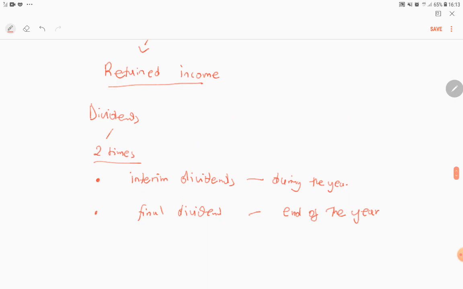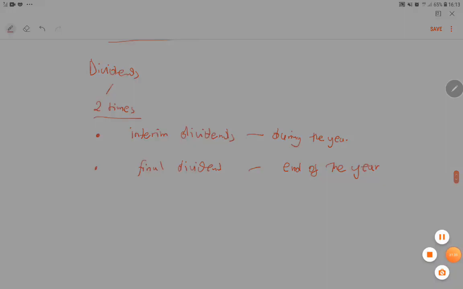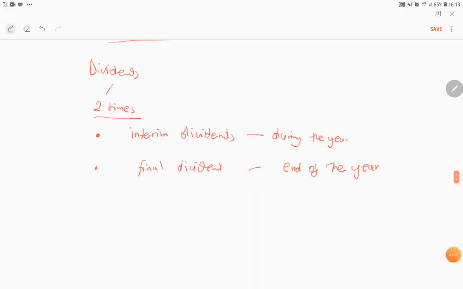The other thing is that since I told you that a company is regarded as a person in the eyes of the law, this means that companies are liable to pay tax. They must pay tax, income tax.